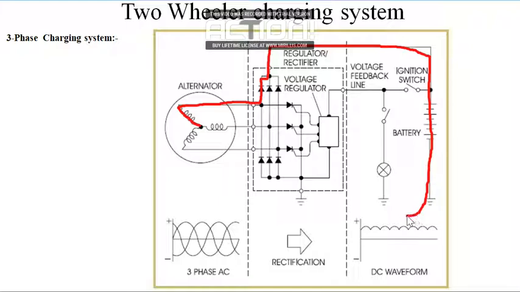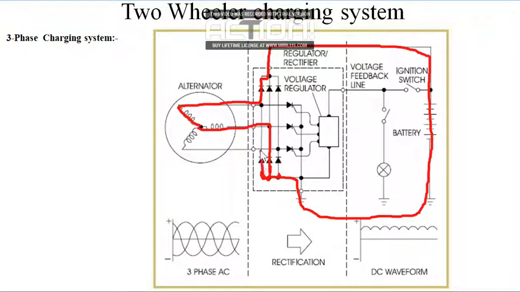passes to the battery, reaches here, flowing this way, or it flows this way also, or this way also. So it flows this way, for example, making a complete cycle.